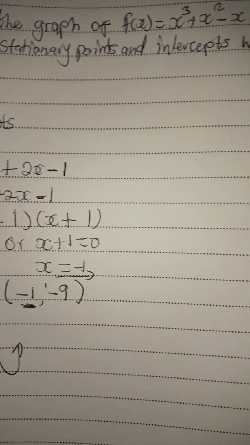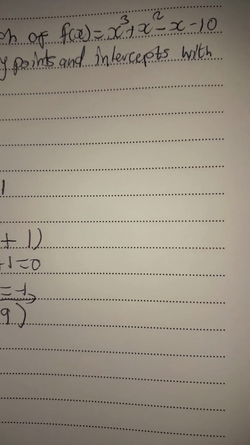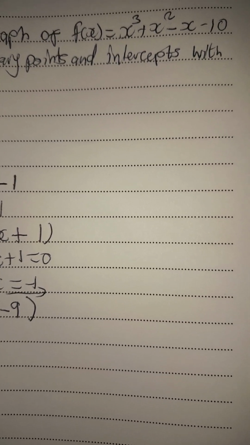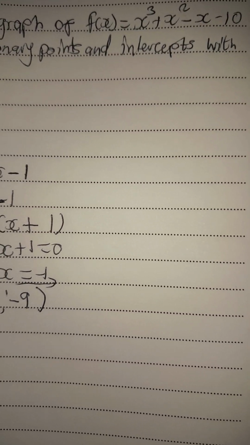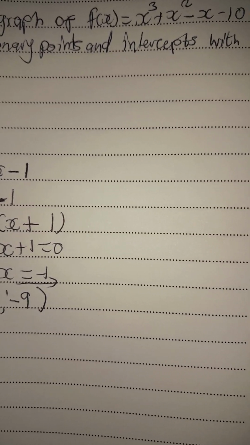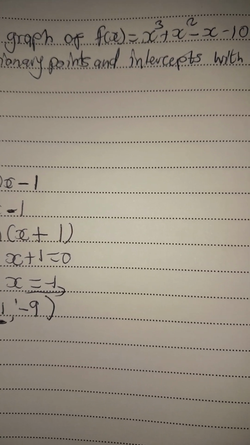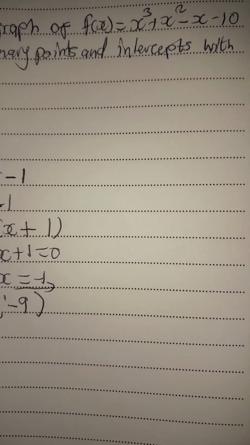In our previous video, we learned about synthetic division. So let's try the possible values, starting by checking the possible factors. When we place 1 cubed plus 1 squared minus 1 minus 10, what are we getting? We are getting negative 9.